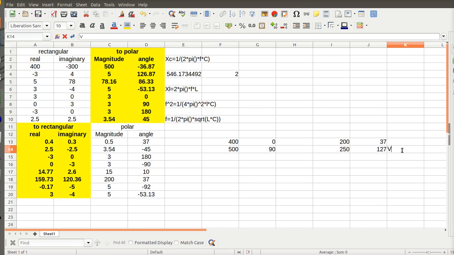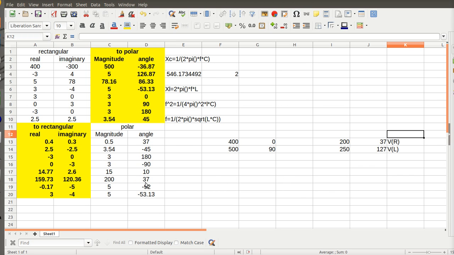So I can actually do that. This is my VR, if you will. Magnitude, angle. I'm going to take this polar form and change it back into rectangular.